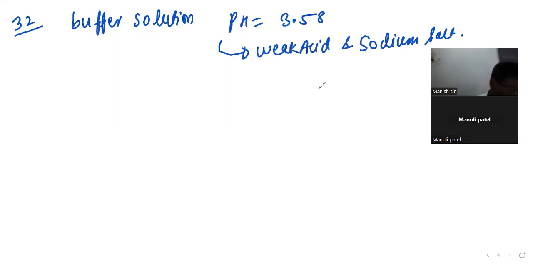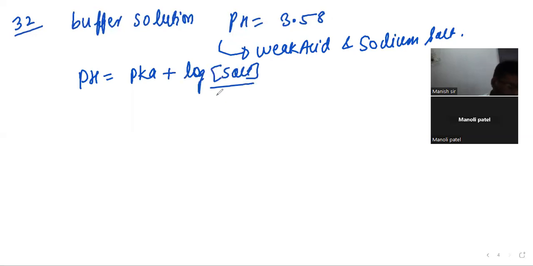See the explanation for 32. According to the Henderson equation, we know the formula: pH is equal to pK plus log of concentration of salt by concentration of acid.